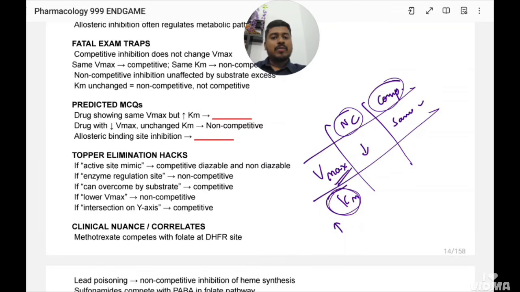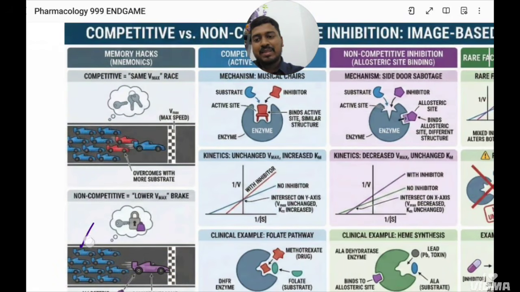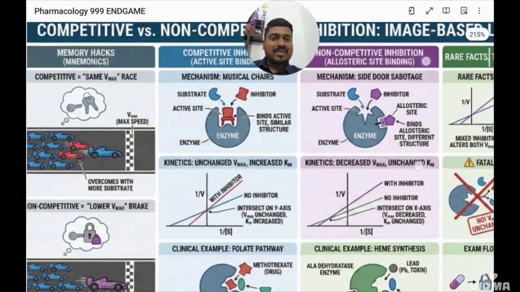If we give more efficient fuel, then yes, very good, Km increases, because the engine efficiency increases with more substrate. And in non-competitive, it remains the same because there is nothing to do. Now you will not forget, just with the help of this simple diagram, what happens to Km and what happens to Vmax.